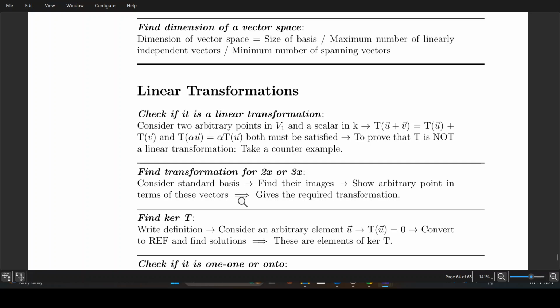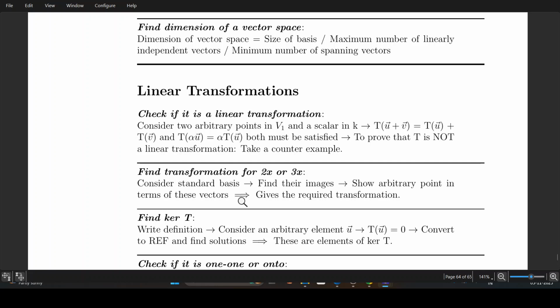Then first you need to show the before image, where you show the standard basis elements, which are (1, 0) and (0, 1) for R2. Then after you do this transformation, you get the image of (1, 0) as (2, 0) and (0, 1) as (0, 2), right?